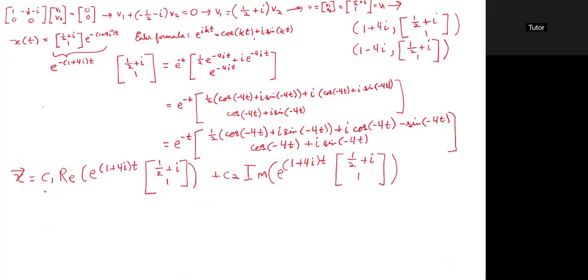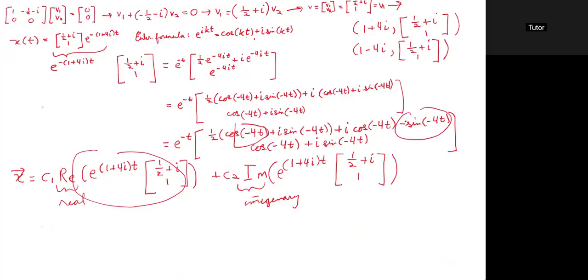So what real and imaginary parts mean is that over here we want to include only the real parts: cosine of negative 4t and negative sine of negative 4t.